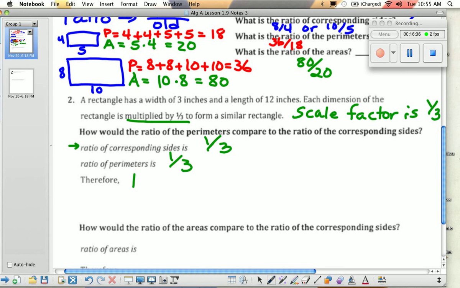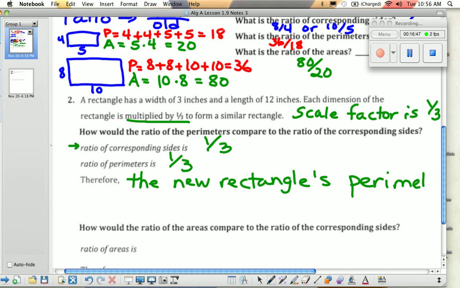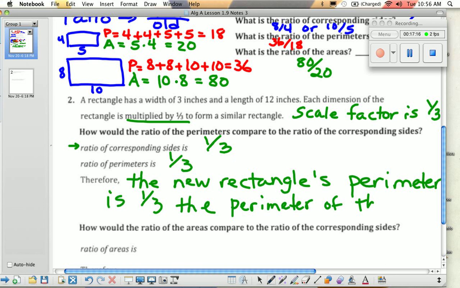So therefore, the new rectangle's perimeter is how much of the old one? 1/3 the perimeter of the original.